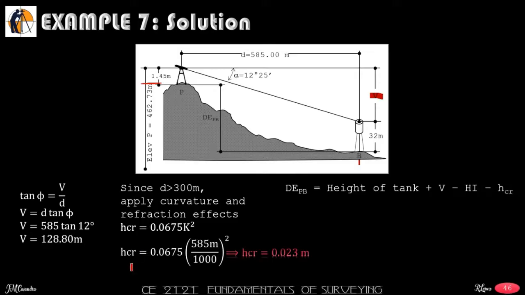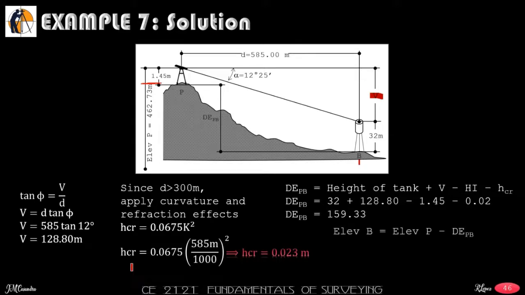So substituting our values, we will arrive at the difference in elevation of point B and P as 159.33 meters. So once we have solved for this, we can now solve for the elevation of point B as elevation of P minus the difference in elevation. We will now arrive at the elevation of B equal to 303.4 meters.